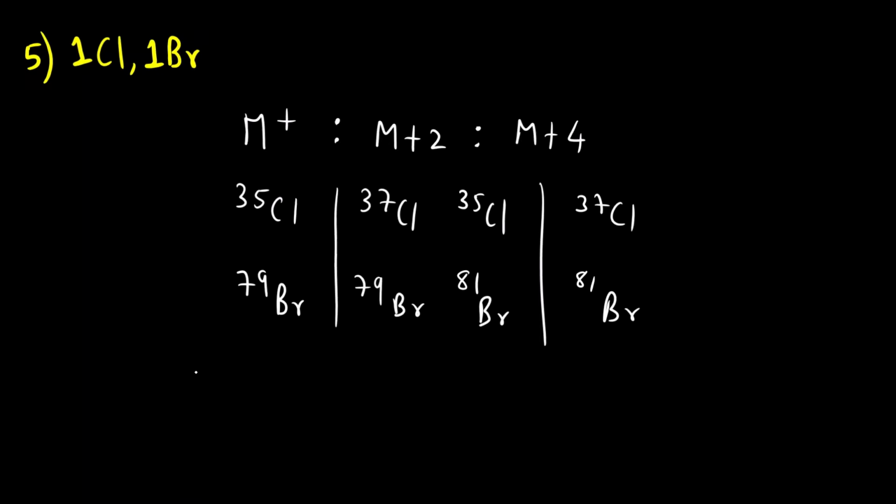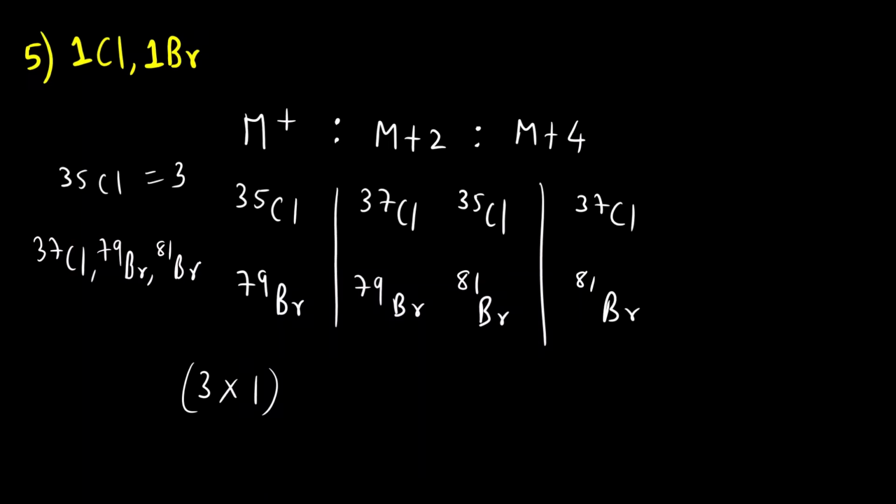Okay, 35 Cl is how much? 3. 79 Br and 81 Br are 1:1. You only have to remember that 35 Cl is 3, and the remaining 37 Cl, 79 Br and 81 Br are all 1. Okay, 37 Cl is 1, 79 Br is 1.